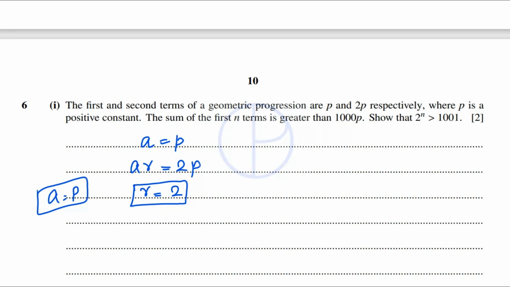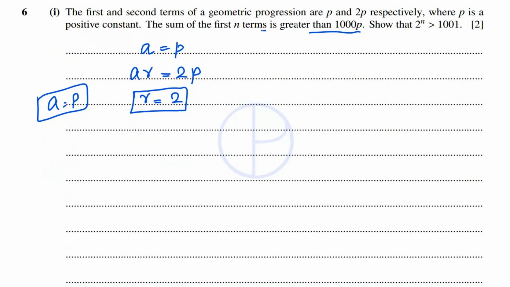The sum of the first n terms is greater than 1000p. The sum of the first n terms, that is Sn, equals a, which is p, multiplied by (2 to the power n minus 1) divided by (r minus 1), which is 2 minus 1. This is greater than 1000p, which is given here.